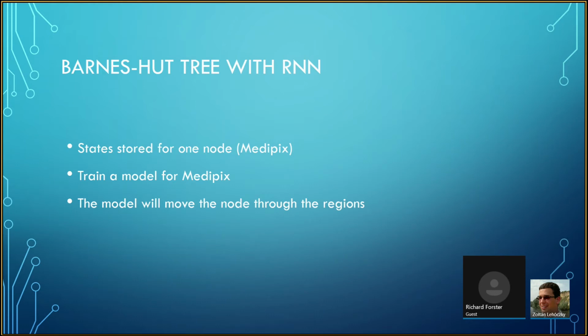So the states are stored for only the Medipix node in this case, because only the Medipix node had been selected and only that one was moved. So in this case, our model will be able to only position the Medipix nodes. And so this model will move the node through the same regions, as I was pushing the node from one region to the other, and I was registering that information as a part of the training set.